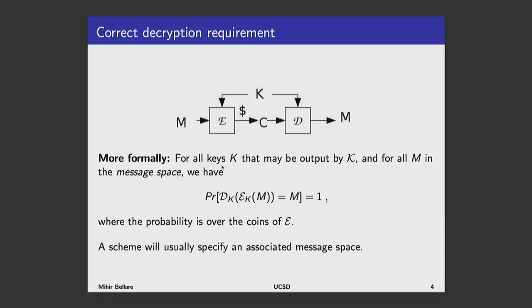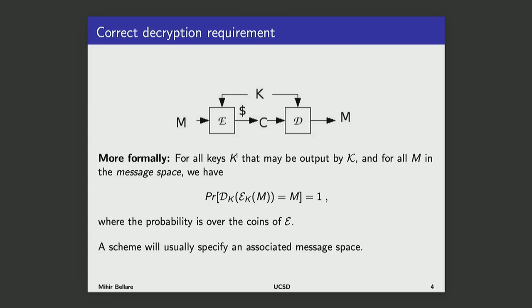So that's pictorial. The way we write it mathematically is this, and here we have to look at quantifiers. The quantifiers say this is to be true for all choices of the key that could be output by the key generation, and for all messages coming from some underlying space we call the message space.